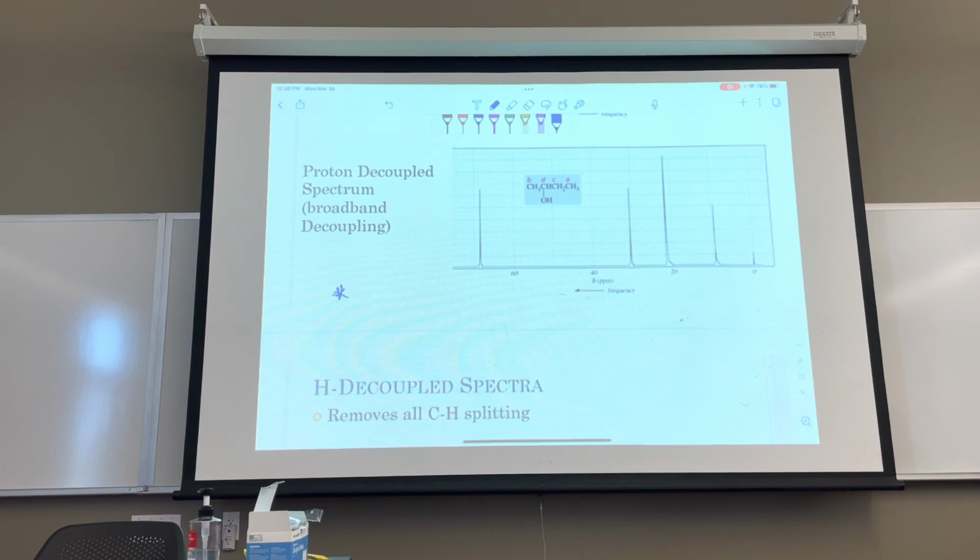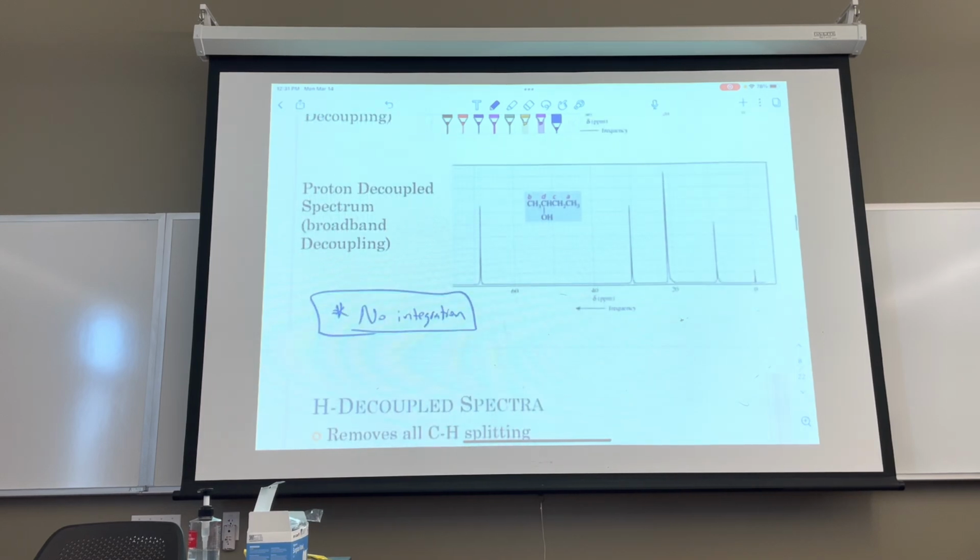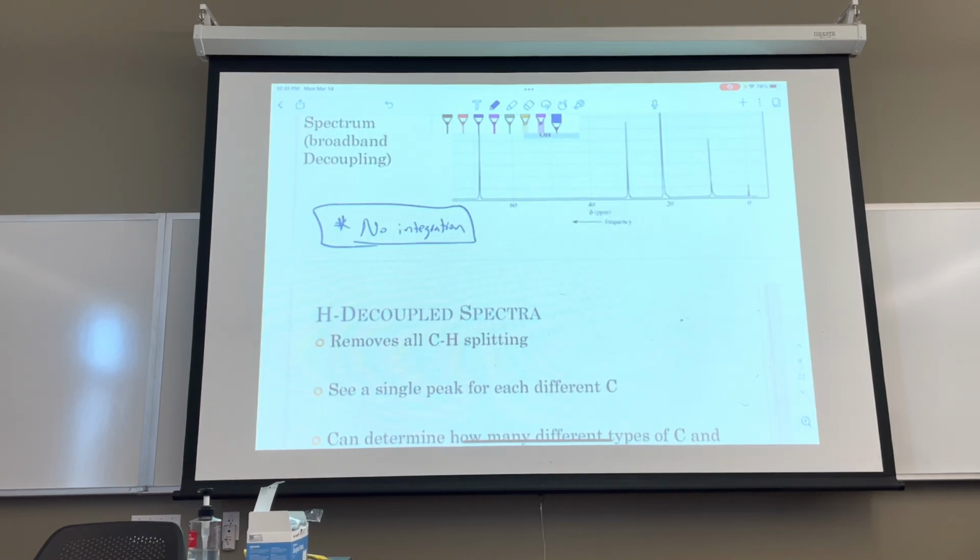And as I mentioned a minute ago, there is none in C-13 spectrum. We don't integrate the peaks. Right, so when it comes to comparing carbon to proton NMR, as I said at the outset, C-13 spectra is a heck of a lot simpler than proton.